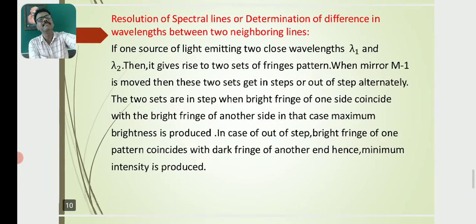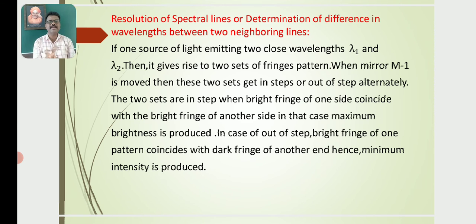Third one, resolution of spectral lines, or determination of the difference in wavelengths between two neighboring lines. If one source of light emits two close wavelengths lambda 1 and lambda 2, then it gives rise to two sets of fringe patterns. When mirror M1 is moved, these two sets get in step or out of step alternately.